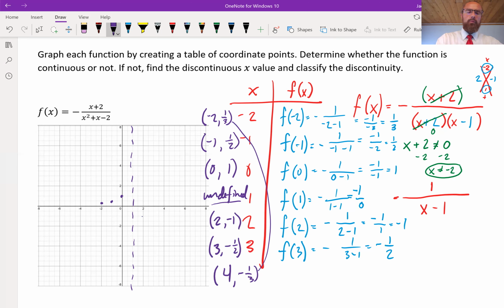At 2, I'm at -1. At 3, I'm at -1/2. And then 4, I had predicted, hey, that's at -1/3. Now, I believe that we also have a horizontal asymptote at the x-axis.